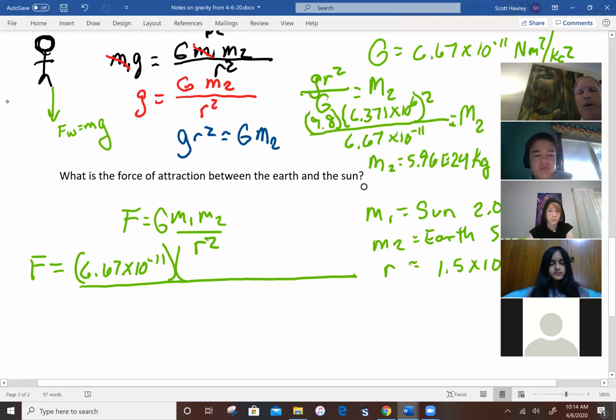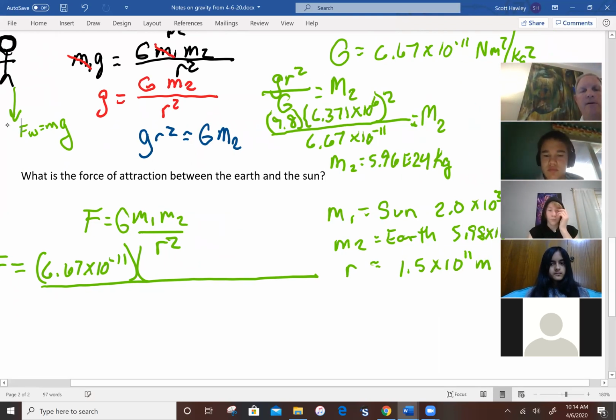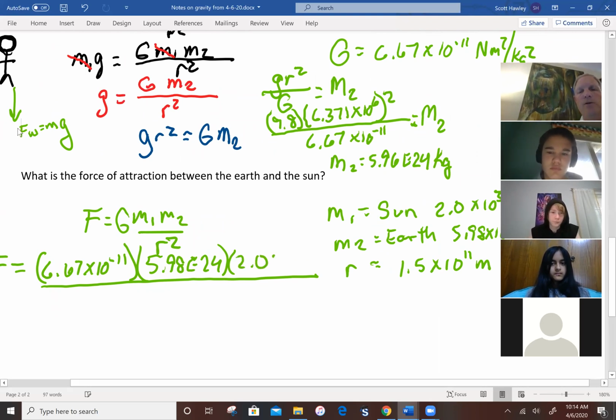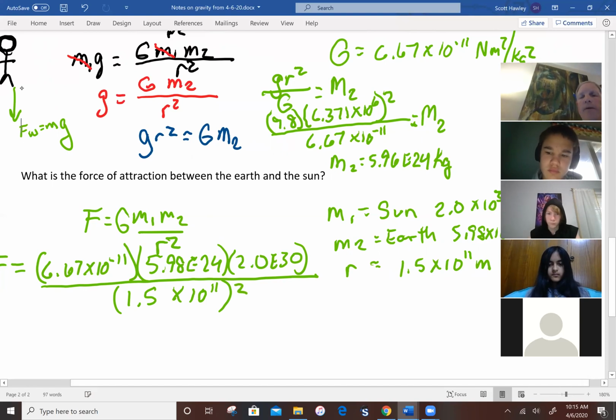Usually I say it's 5.98 instead of 5.96, so we're going to do that. 5.98 E24. And then right here, the mass of the sun is 2 times 10 to the 30th. The distance between the sun and the Earth is 1.5 times 10 to the 11th meters, squared.